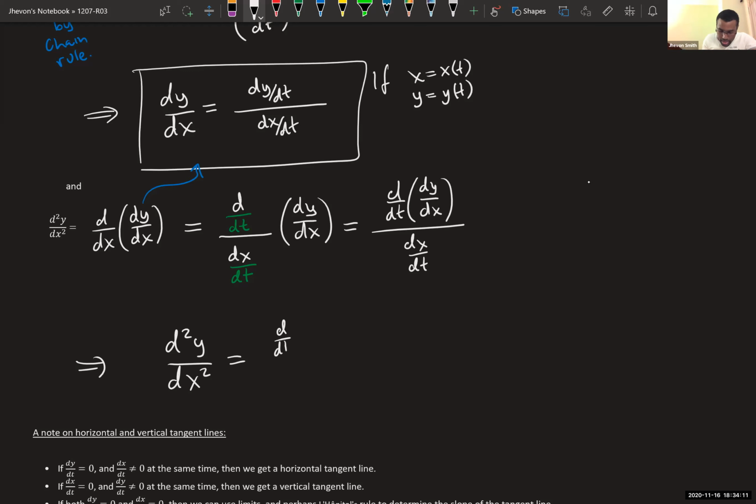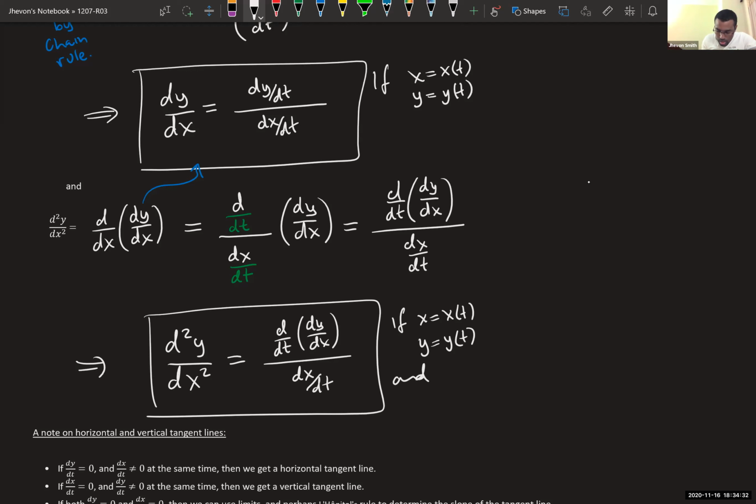You take the derivative with respect to t of the first derivative, and then you divide again by the derivative of x. And of course, the derivative exists. You're not dividing by 0 or anything weird like that.